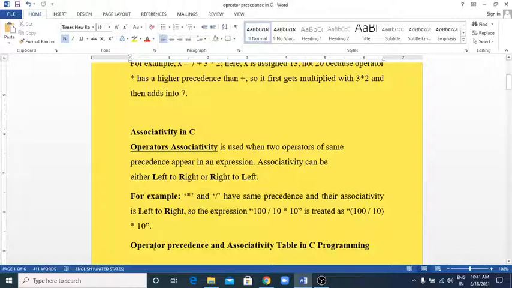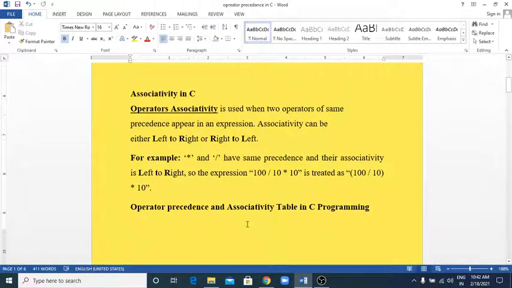For example, star and slash have the same precedence and their associativity is left to right. So the expression 100 upon 10 into 10 is treated as (100 upon 10) star 10. So the associativity of those operators is left to right.